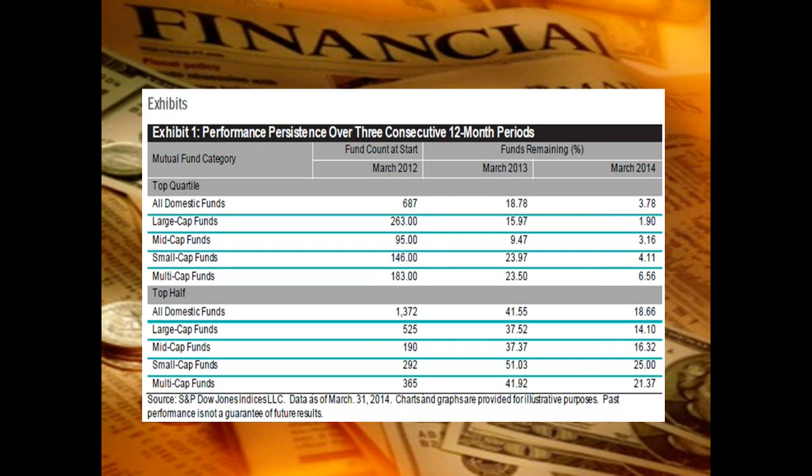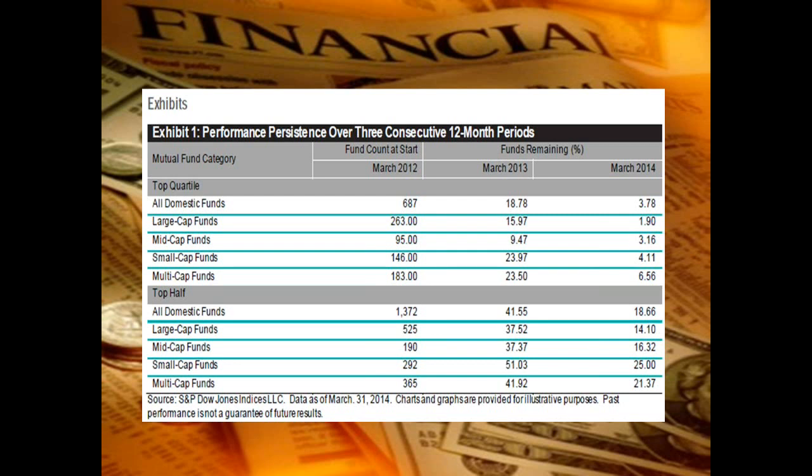These numbers are absolutely incredible. By 1 year later, March of 2013, less than 19% of those mutual funds were still in the top quartile. That means 80% of the top mutual funds in March of 2012 are no longer in the top 25%. 1 year later, they've fallen.